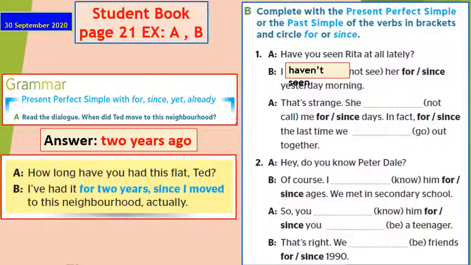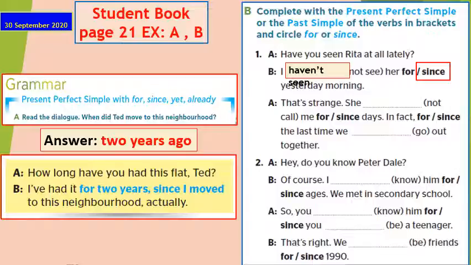Have you seen Rita at all lately? The answer: I haven't seen her for or since yesterday morning. Yes, the answer is since. I'm talking about time, not duration.